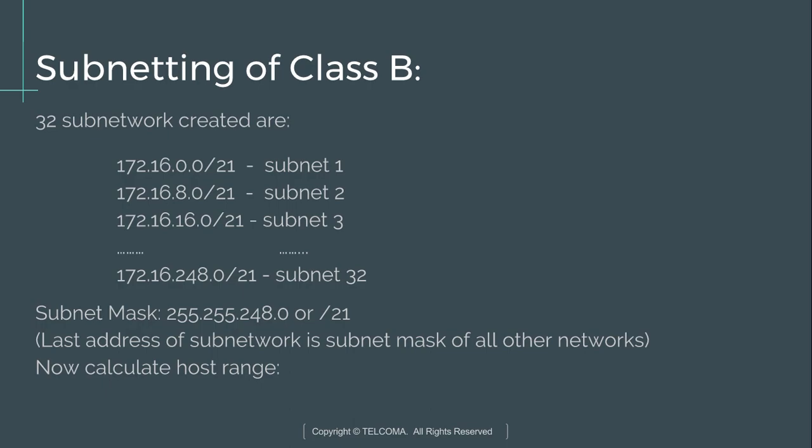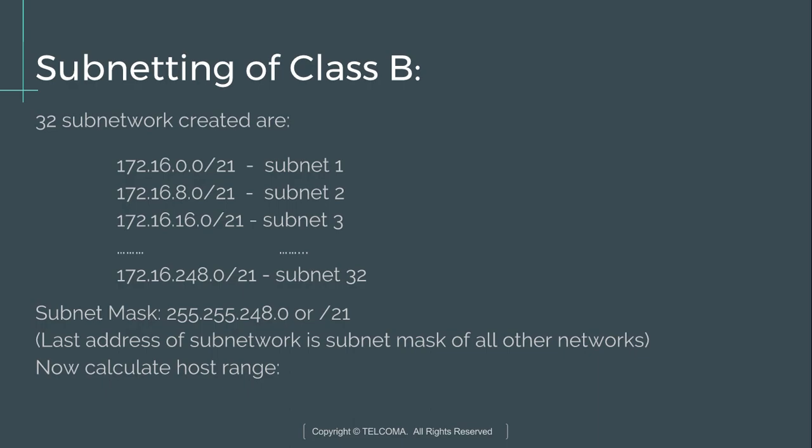Next is the subnet mask. As defined earlier, /21 is the subnet mask of these subnetworks, and the decimal notation is 255.255.248.0. Here 248 in the third octet is the subnet mask value for all the subnetworks.